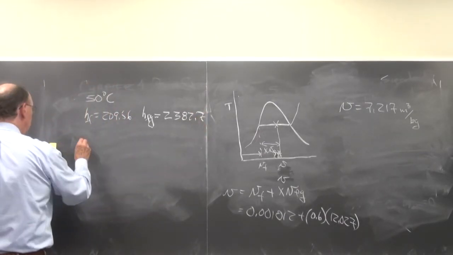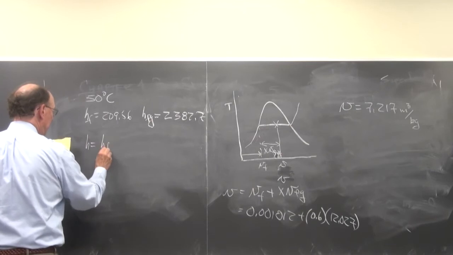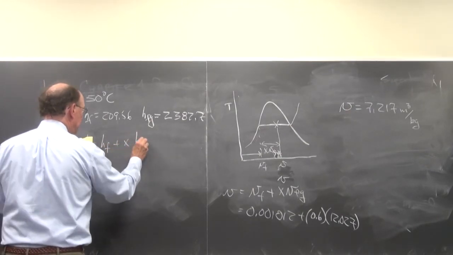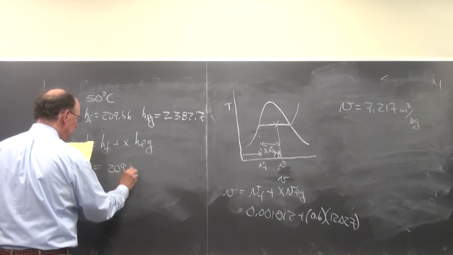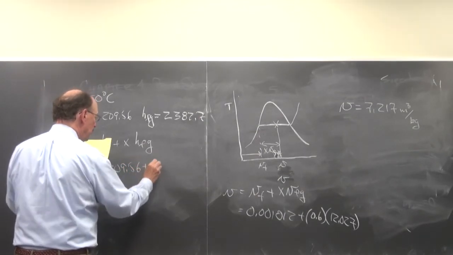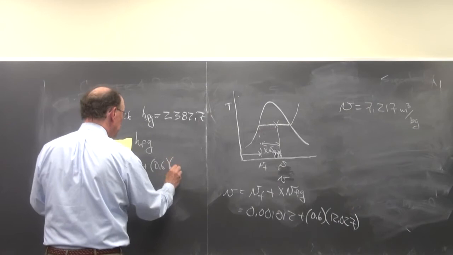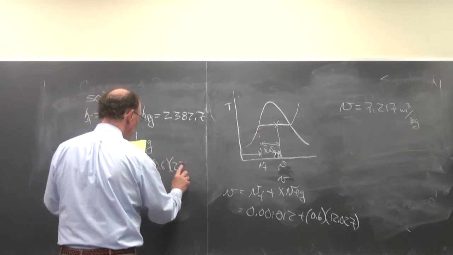and H is equal to H sub f plus x H sub fg. So 209.56 plus 0.6 times 2382.7.